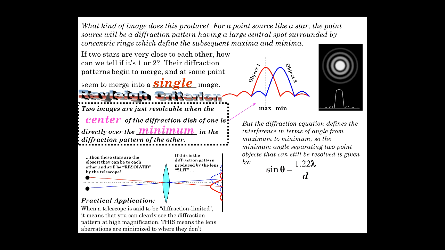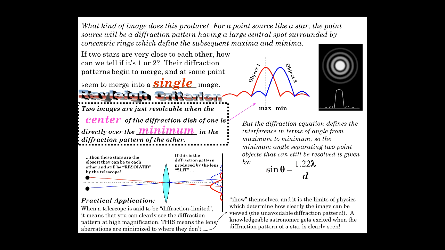All right, so a telescope is said to be diffraction limited when it means that you can actually see that diffraction pattern, like this here. This is idealized, but really good telescopes, you'll actually see that diffraction pattern, which has to be where you have to push the power of the telescope, so to speak, to the point where the other aberrations would normally often be an issue.